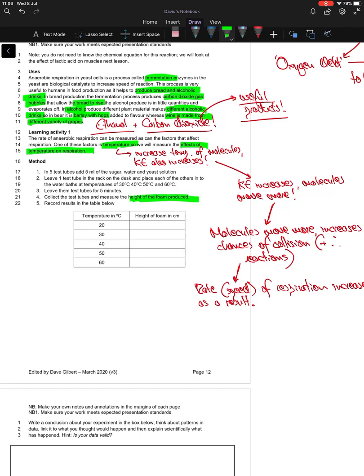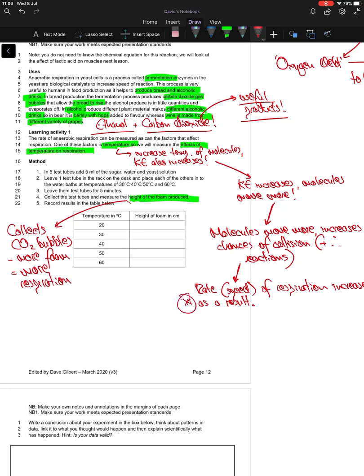So foam collects CO2 bubbles, like in bread. More foam equals more respiration.